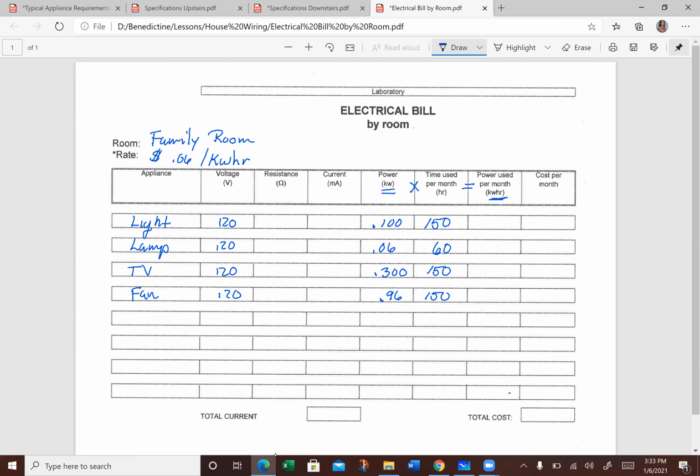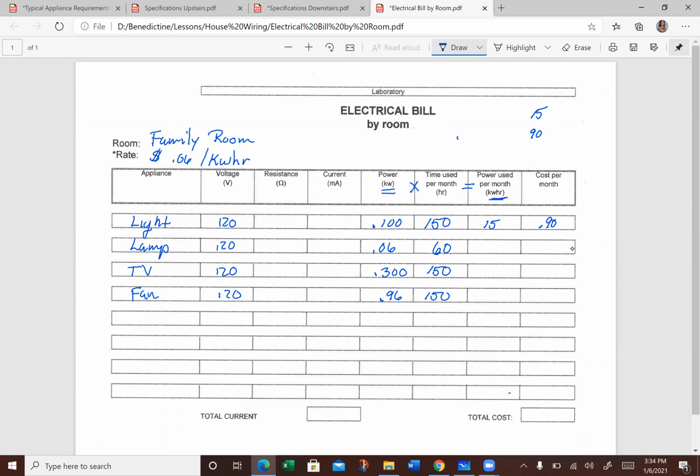So 0.1 times 150 is going to give me 15 kilowatt hours multiplied by the 0.06, right? That should give me, on my calculator, 90 cents, I believe. Or is that $9? So 90 cents is how much that light is going to cost us.